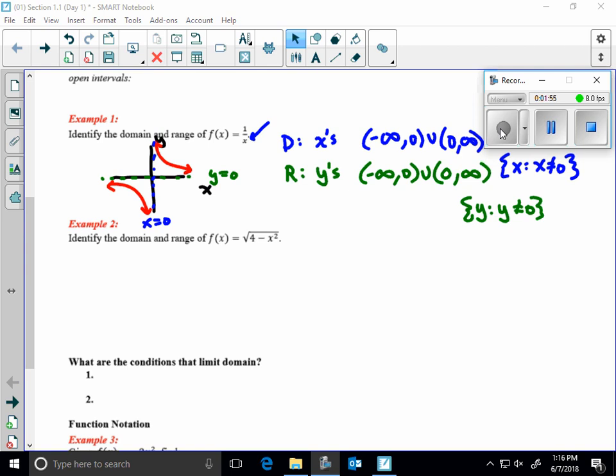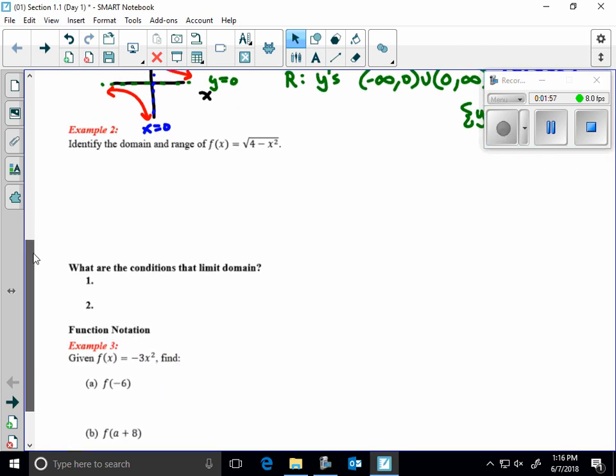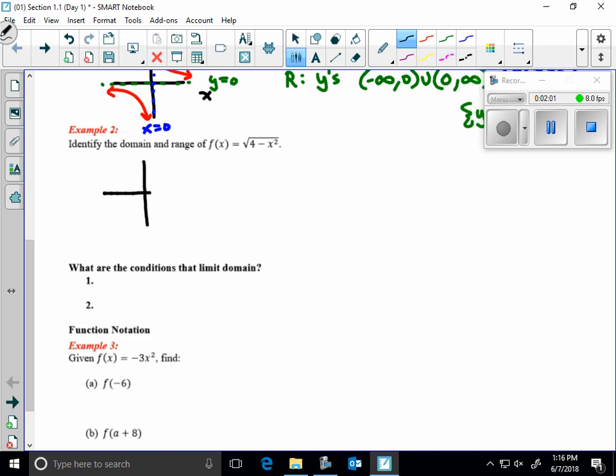Okay, so in example 2, what you're going to see is the function square root of 4 minus x squared. This, if you're not familiar, is the top half of a circle of radius 2. So when we talk domain, I'm just going to go with interval notation here.